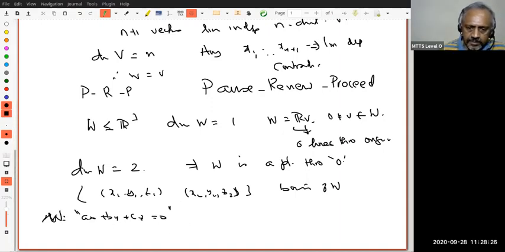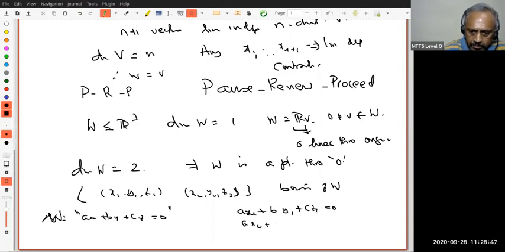This is a plane. That means I have to find a, b, c. In particular, (x1, y1, z1) and (x2, y2, z2) must be in W, so they should satisfy the equation. Therefore, what are the unknowns? a, b, c. So I have to solve a x1 plus b y1 plus c z1 equal to 0, and a x2 plus b y2 plus c z2 equal to 0.